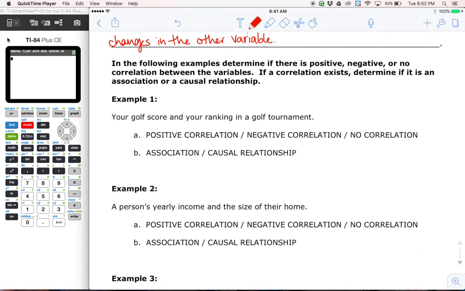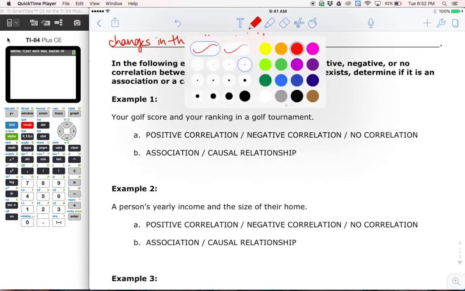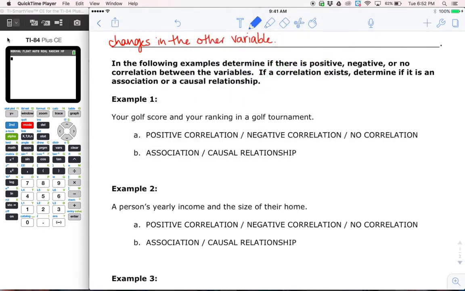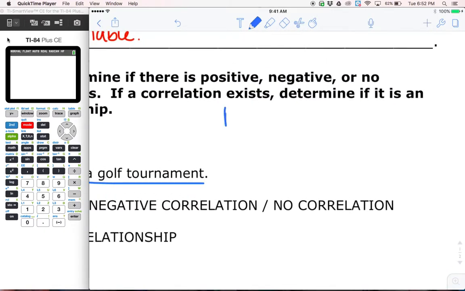Example number 1, your golf score and your ranking in a golf tournament. We are comparing somebody's golf score and their ranking in the tournament. Positive correlation happens when one thing goes up, the other one goes up, or when one goes down, the other one goes down.